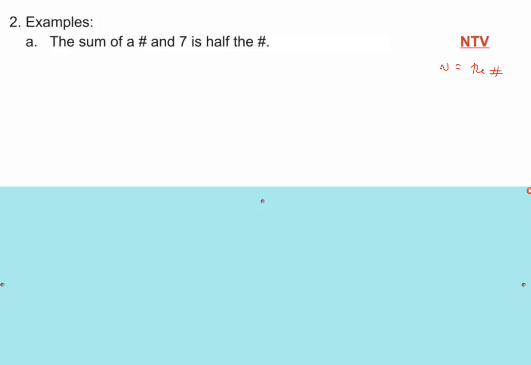Now, it's not a whole lot to that, but it does get us going. When I do mine, I like to stick the equal sign in. So hopefully you agree that the word there is the equal to. The sum of a number and 7 is, or is equal to, half the number. So we got an equal sign there.